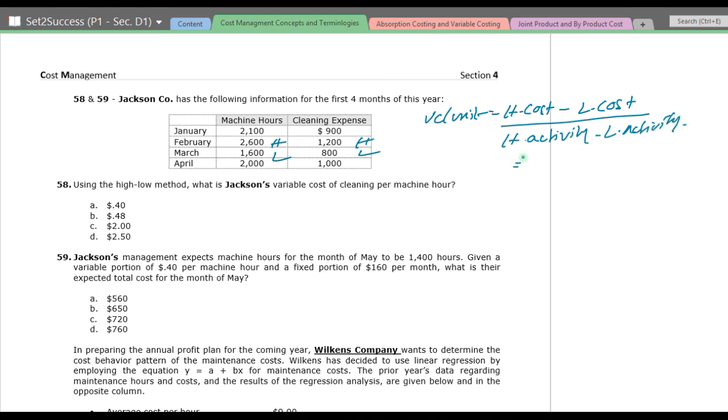So highest cost is 1,200 minus lowest cost is 800, highest activity is 2600 minus lowest activity is 1600. It is 0.4 per unit.